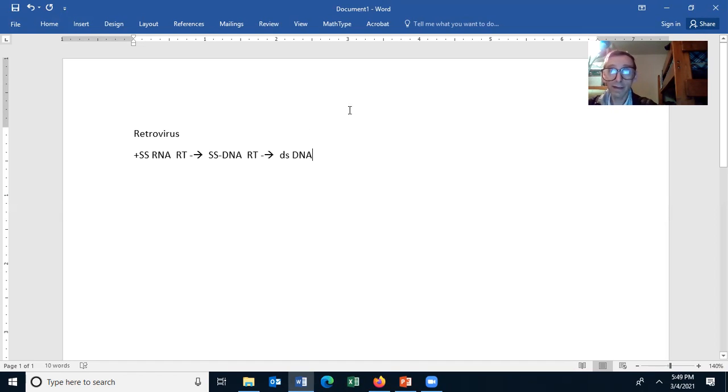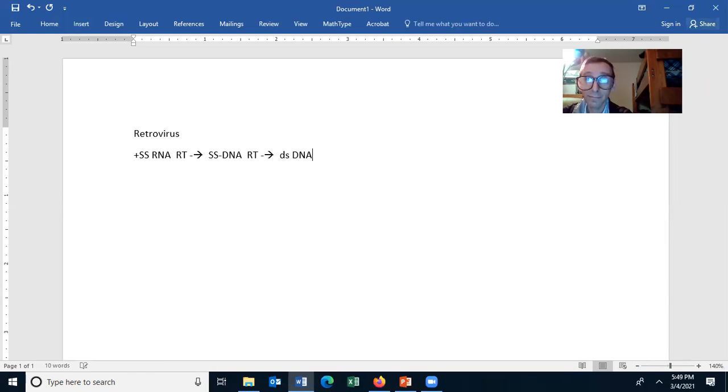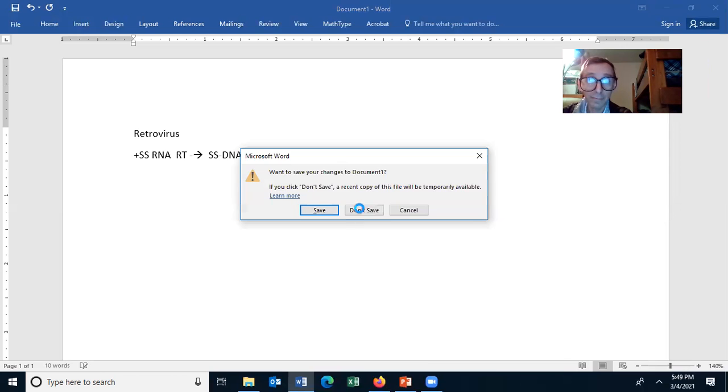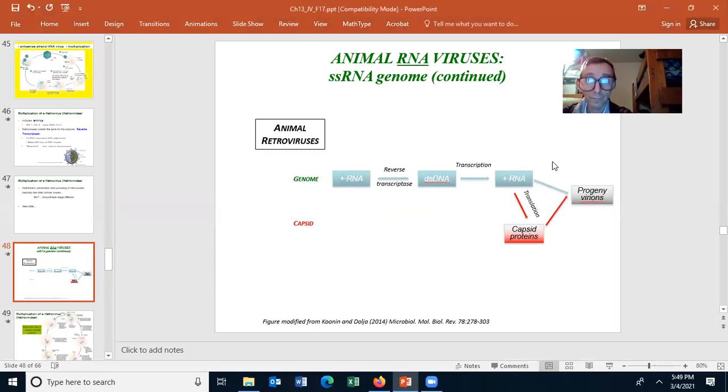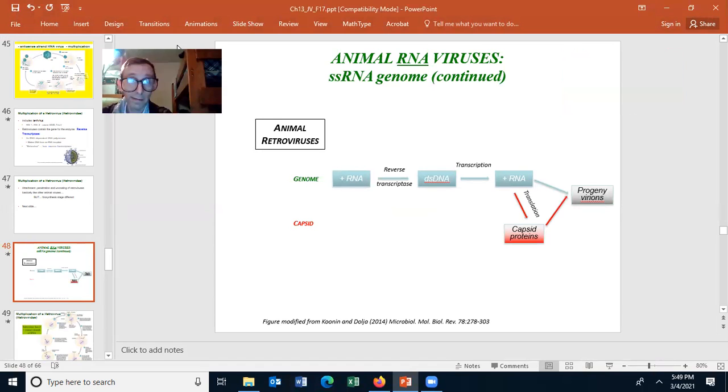The double strand DNA then moves into the nucleus of the cell, and it integrates with the cell's DNA, into one of the chromosomes of the cell, and then permanently becomes a part of the DNA of that cell.